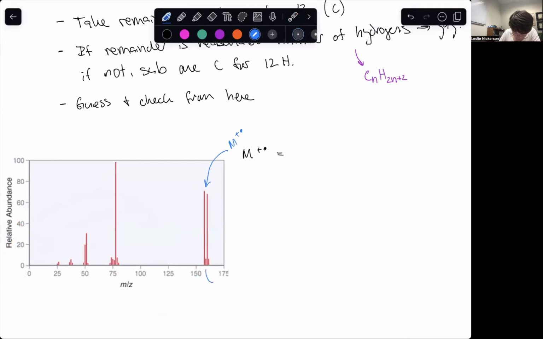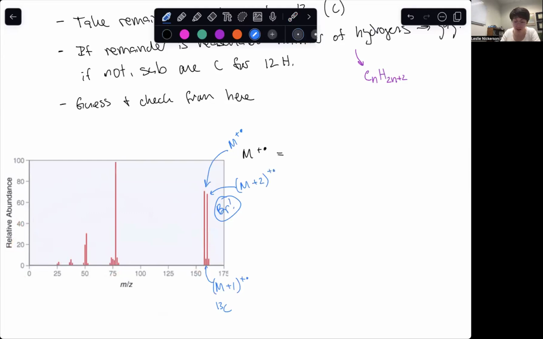Then we have the teeny tiny little evidence of the carbon-13, the M+1. And then we've got another one. The fact that two of them are evenly sized tells us we're looking at a bromine, because this is going to be our M+2.